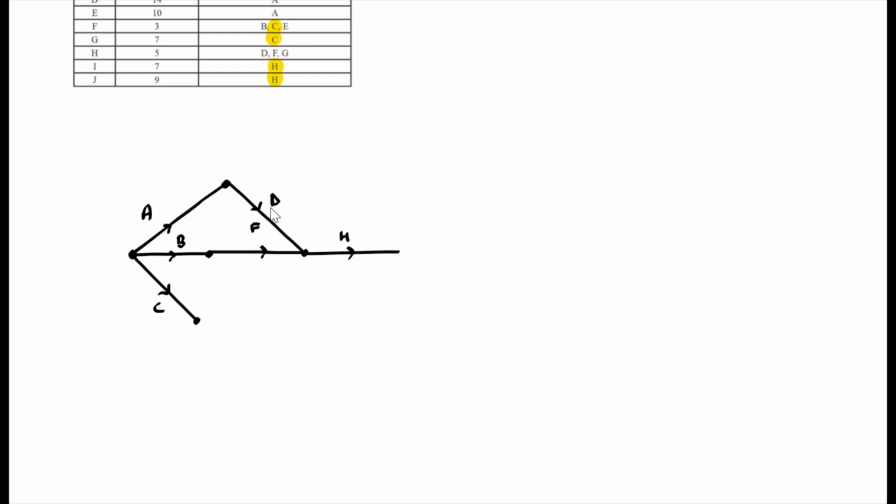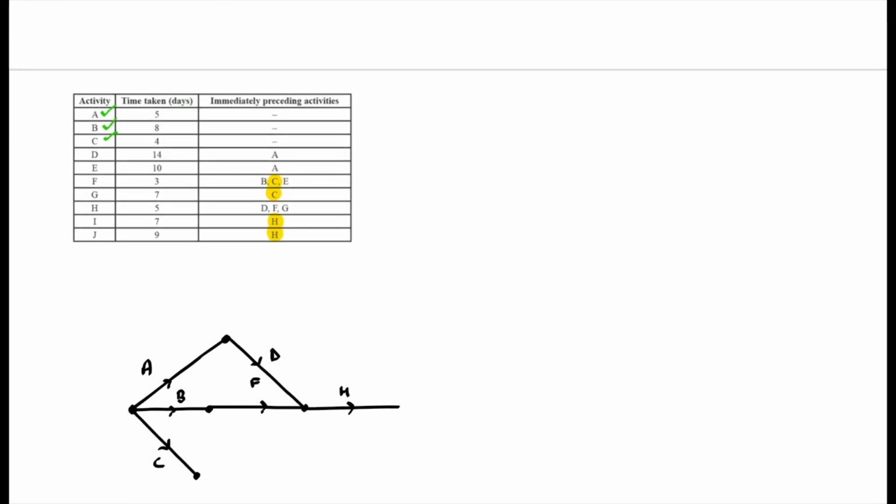Okay, so in terms of what we've done then, we have over here A, B, C, D. Is F completed? If we take a look at F, F depends on B, and F also depends on E. And if we take a look at E, E depends on A. So for F to start, we need to finish E before that, and E depends on the completion of A. So E can go over here.